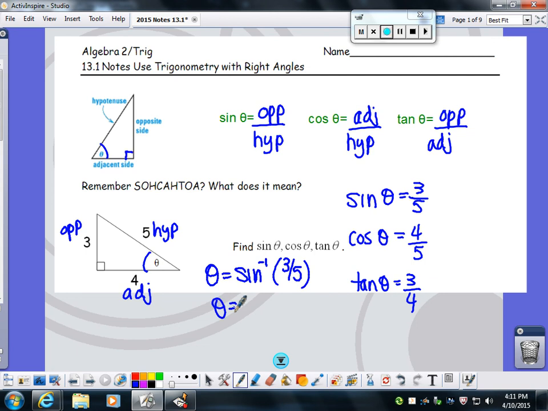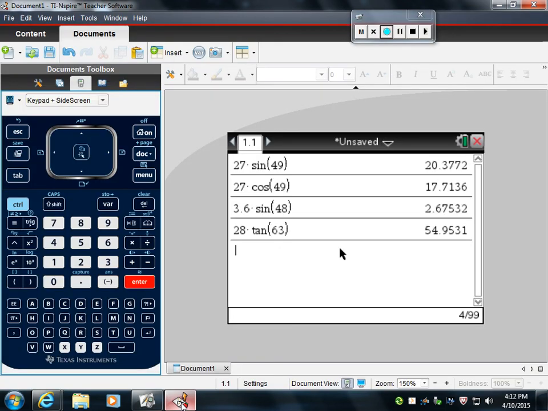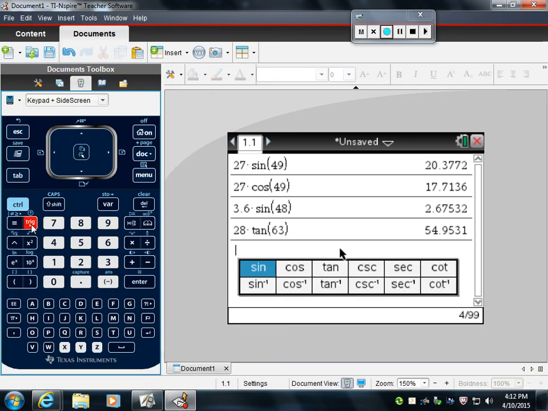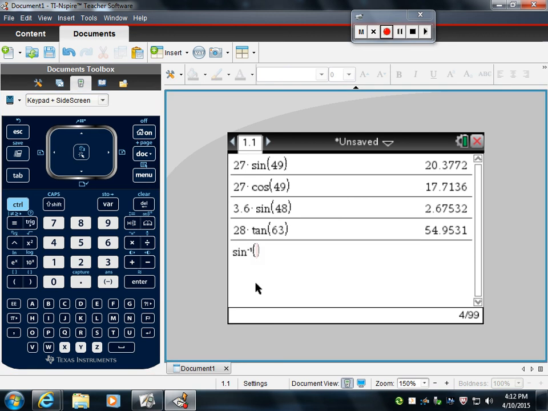All right, let's see where that is in the calculator. We're going to put that in the calculator. So basically what it's saying is, what angle has a sine of 3 over 5? If you go to your trig again, see at the bottom row, there's our inverses. That's when we want to go backwards and find an angle. So we're going to use sine to the negative 1, inverse sine, and you're going to put in your fraction, 3/5.